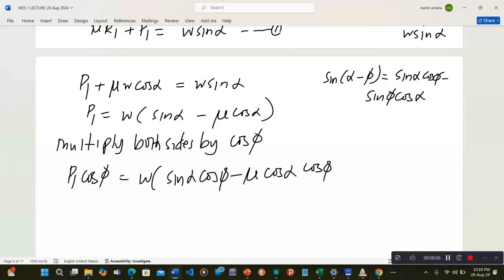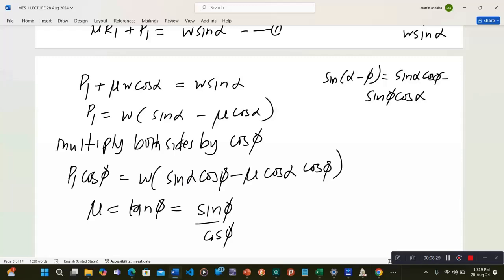What does that mean? I already said nu is the same as tan phi, because the coefficient of friction is the same as tan of the angle of friction, and this is equal to sine phi divided by cos phi, because tan is equal to sine over cos.